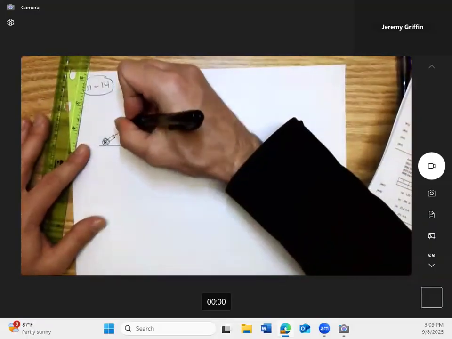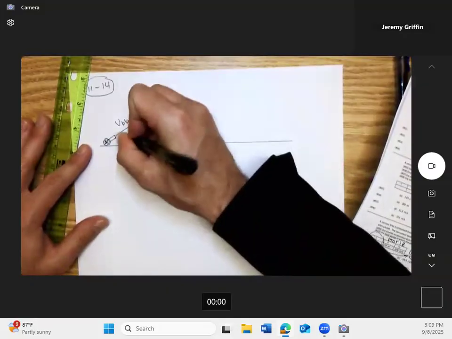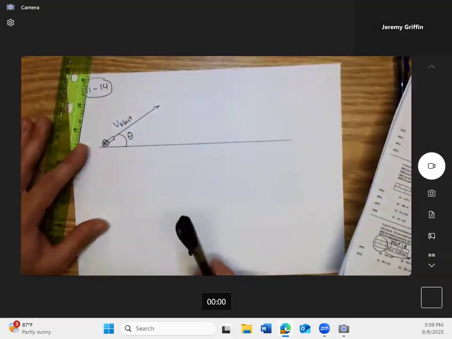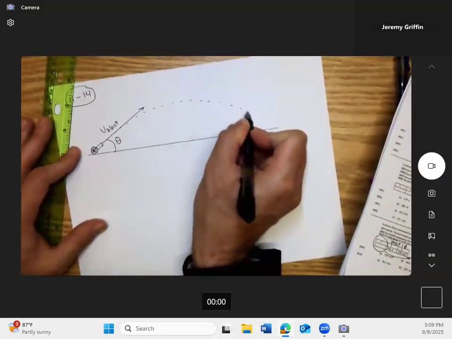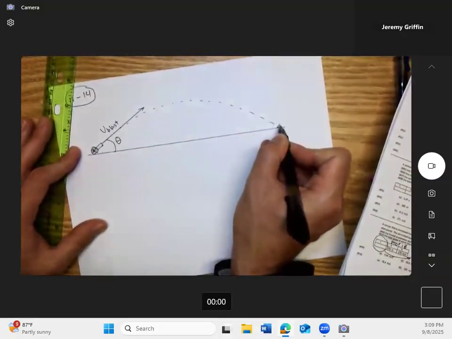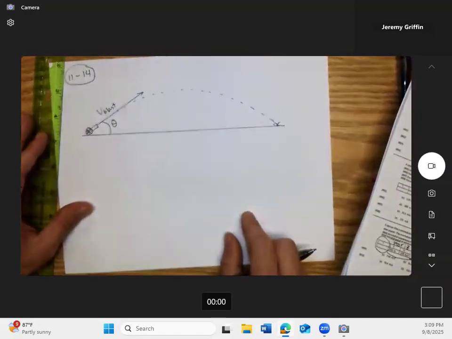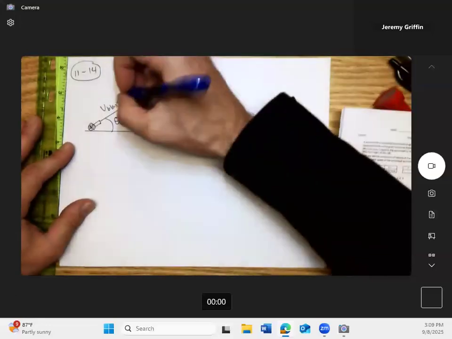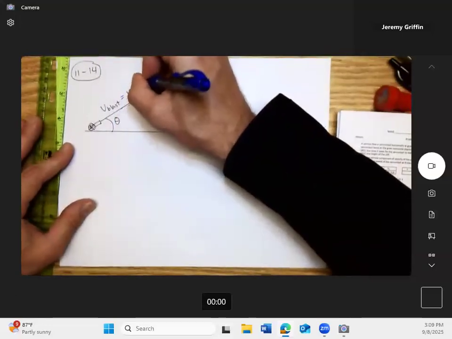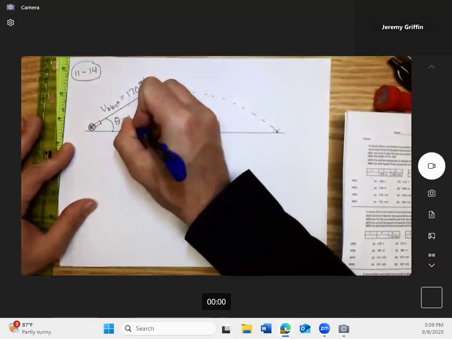I'll call it V blast. I give you this angle here, theta. And then it's going to land way over here, downrange. My numbers go, this is 170 meters per second, and this is 30 degrees.